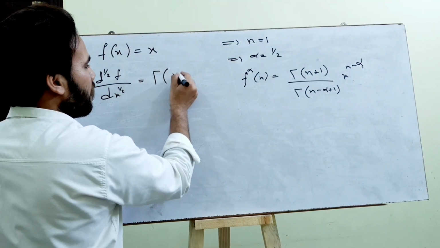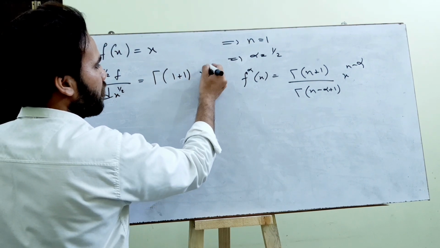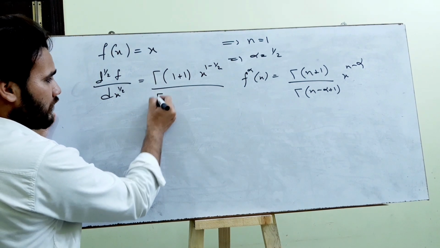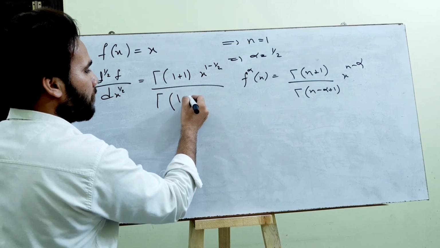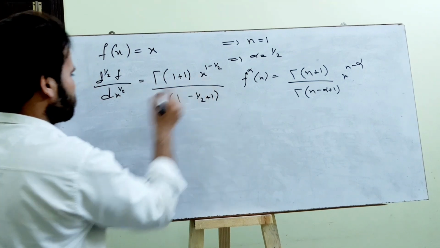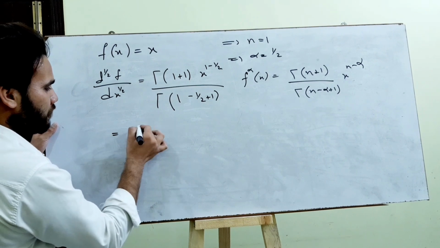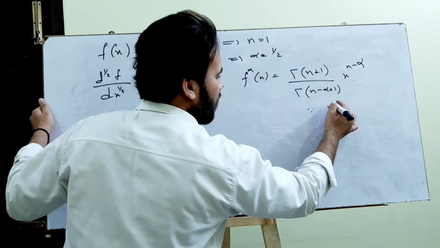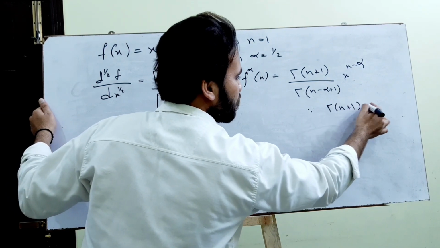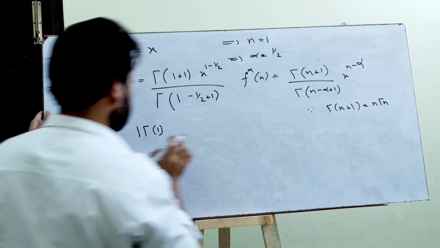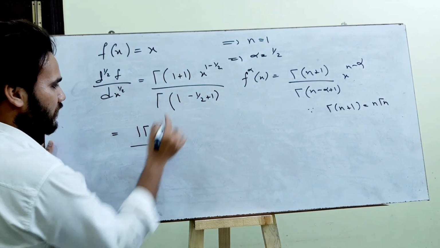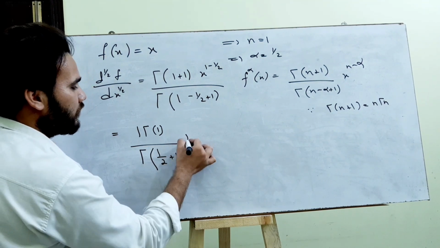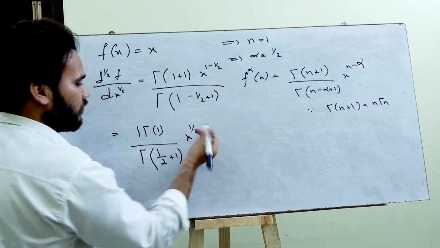So this is gamma of 1 plus 1 times x^(1-1/2), and here gamma of 1 minus 1/2 plus 1. So this is gamma of 2, which is 1 times gamma of 1. Using the property of the gamma function, gamma of n plus 1 equals n gamma of n, the denominator will be gamma of 1/2 plus 1, which is 1/2 times gamma of 1/2.